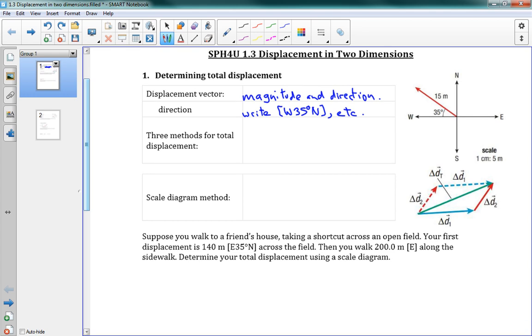Now we have 3 methods, as I said, for determining the displacement. The first one here is a scale diagram, and we're going to look at all 3 of these. Number 2 is the cosine and sine laws.